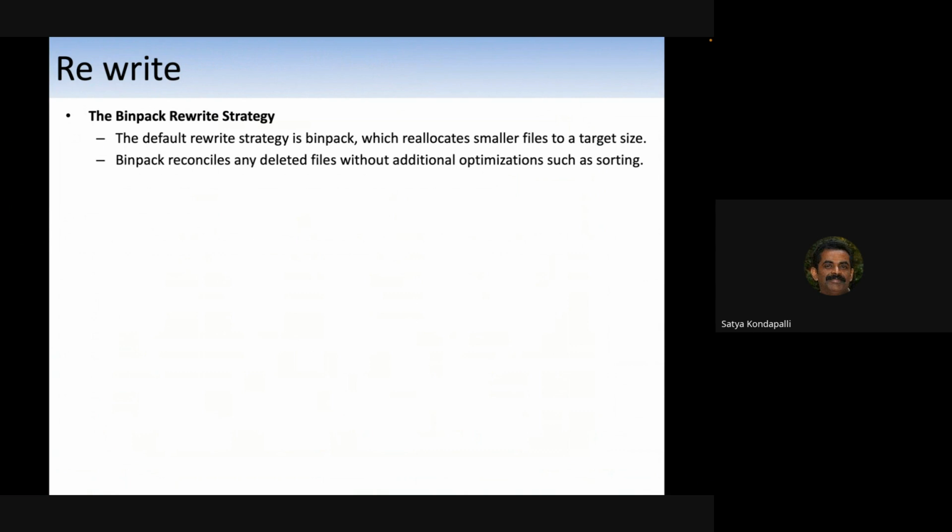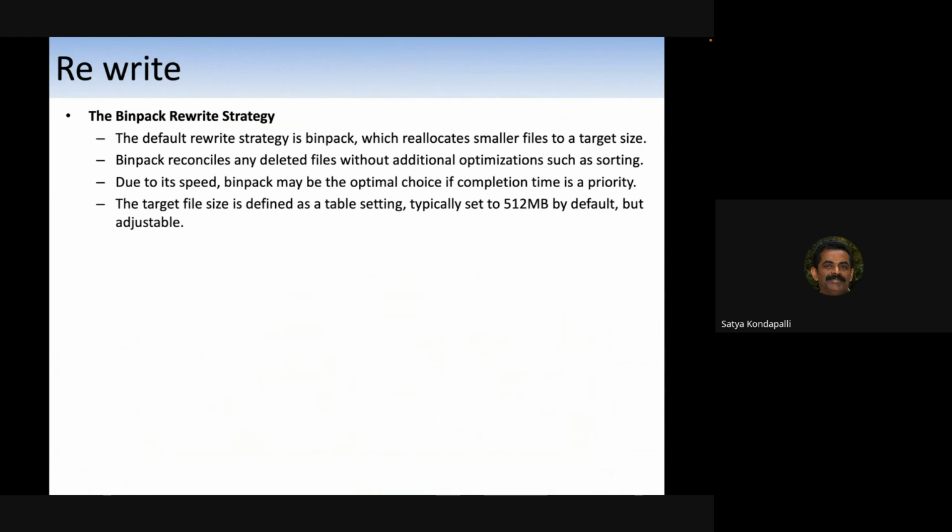So that's another advantage, and it is the default. It is generally recommended to use the bin-pack strategy, where you can define the target file size. The default is 512 MB, but preferably you may go to 1 GB or so.